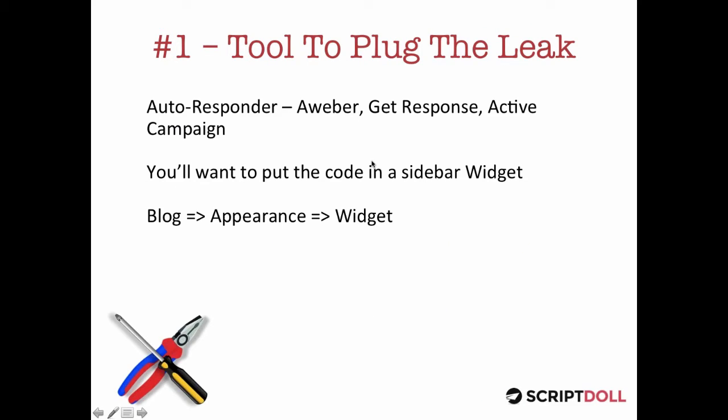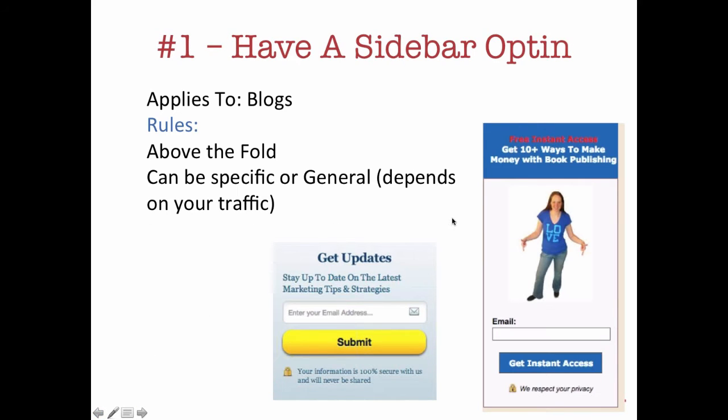So the tool to plug the leak for a sidebar opt-in is a simple autoresponder like Aweber, GetResponse, ActiveCampaign, and you'll want to put that code in the sidebar widget, and it's usually under appearance and then widget inside of your blog, and then you could design your sidebar right inside of your autoresponder.